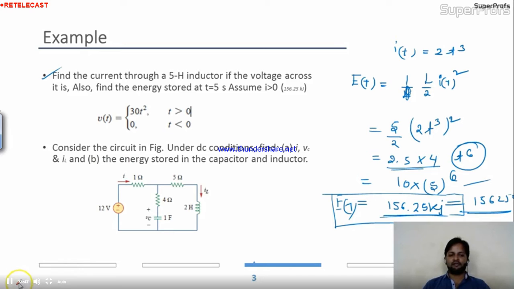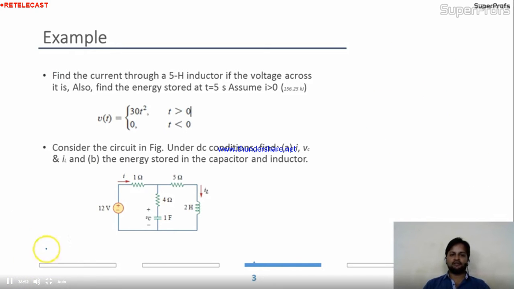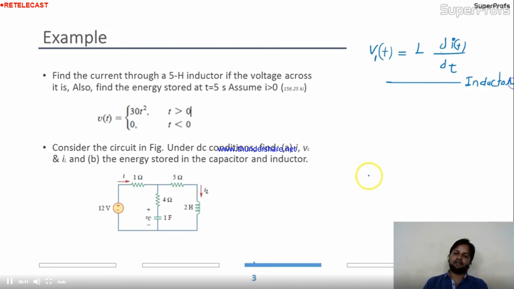So you can see how we can use the voltage and current relation for inductor and capacitor. We have to simply remember: v(t) is nothing but L di by dt. This is for the inductor. For the capacitor, the same thing is with i_C(t), which is C dv_C by dt.